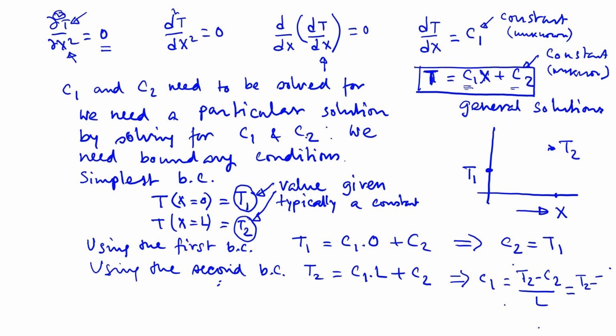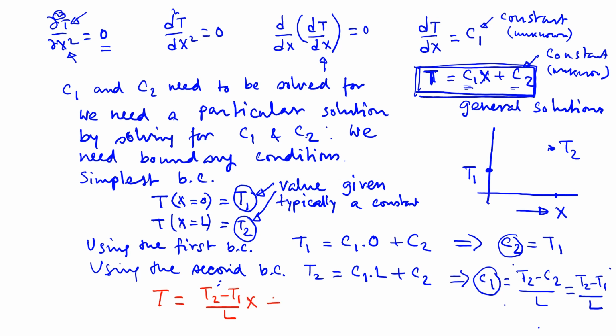Now C1 and C2 both are known, so we plug C1 and C2 into this equation to get the final solution. T is equal to T2 minus T1 over L times x plus T1.